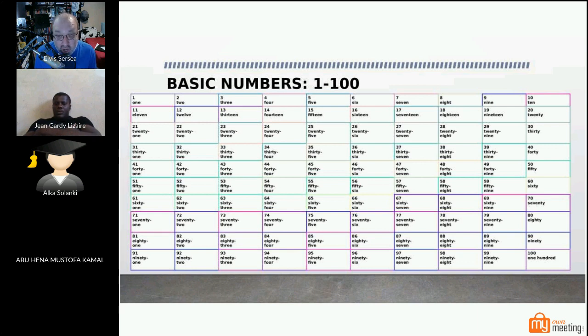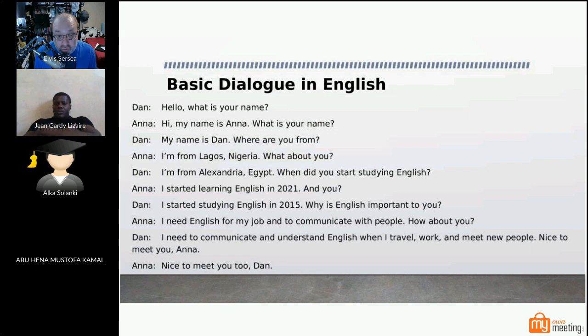We're going to move on to a little dialogue. The dialogue is an example of how to keep a conversation going. Because if somebody asks you a question and you only answer the question, you are not getting the conversation to continue.